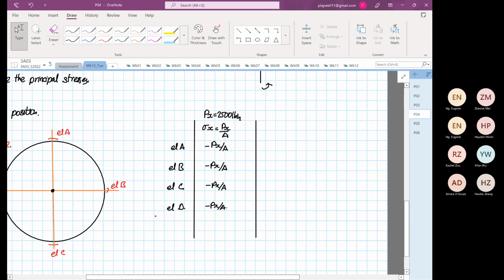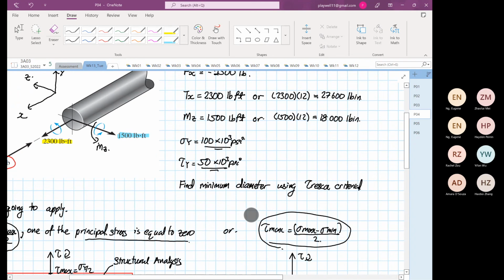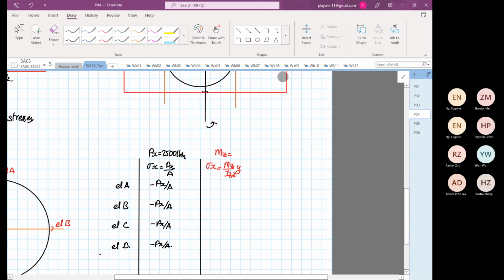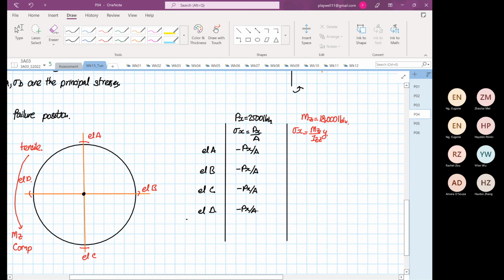And then we are going to calculate normal stress. Sigma X is equal to Mz over Izz multiplied by y, where we know that Mz, we calculated, is 18,000 pound inch. Now, if we look at element A, it's going to be positive Mz multiplied by y over Izz, right?